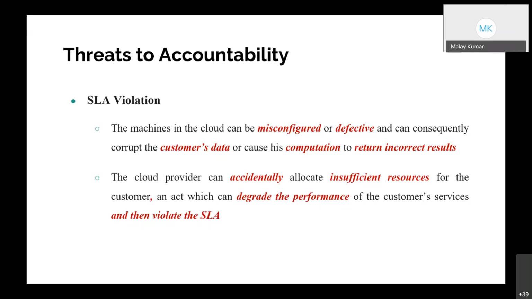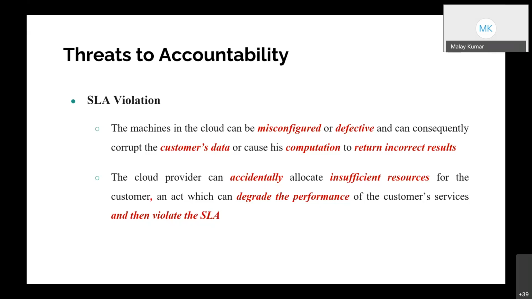However, with experimental proof, it has been seen that it is possible to corrupt or misconfigure the virtual machines or the machine executing on the cloud premises. If that happens, what will be the consequences?